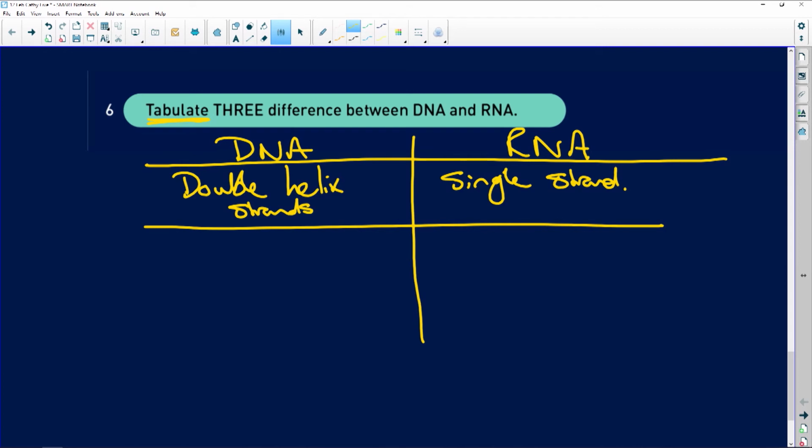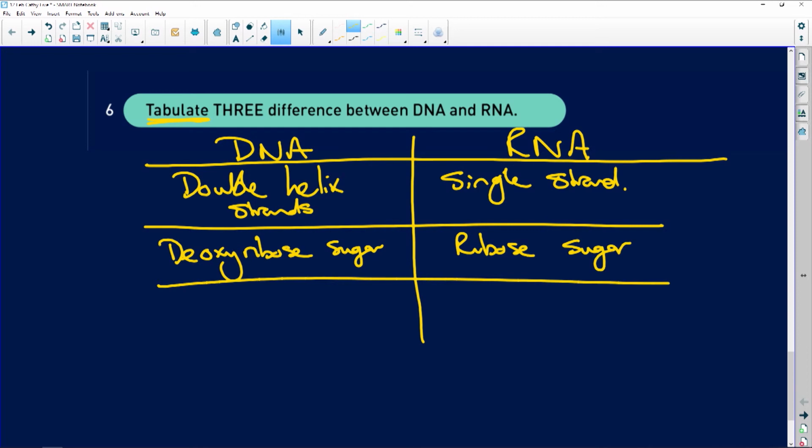Now, next one. DNA has, and it's named after this, a deoxyribose sugar. RNA has a ribose sugar. Another very easy one to remember is DNA is in the nucleus. It's only ever in the nucleus, and RNA is in the nucleus and the cytoplasm.